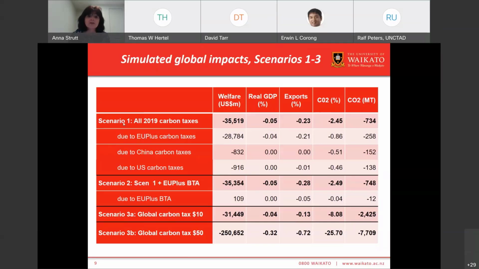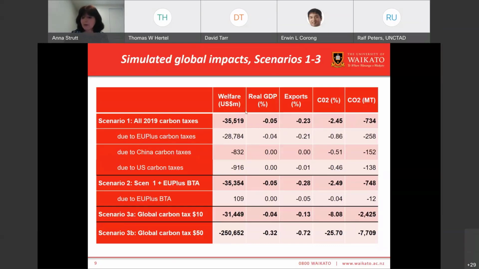If you look along the first bolded line, these are the results for scenario 1. And then if you look at the second, third and fourth rows, these are a decomposition of the scenario 1 results, showing the contribution of particular regions' carbon taxes. So along the top line there, we have the impact of all of those 2019 carbon taxes that we implement.